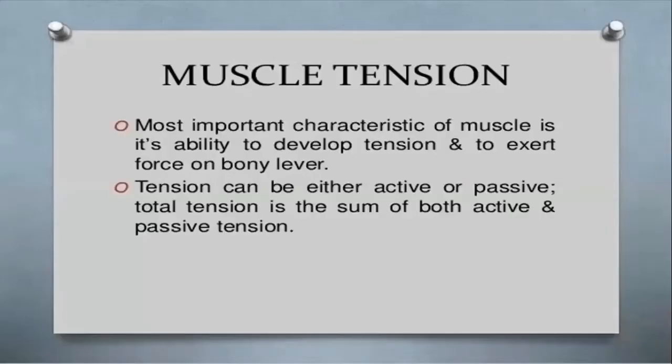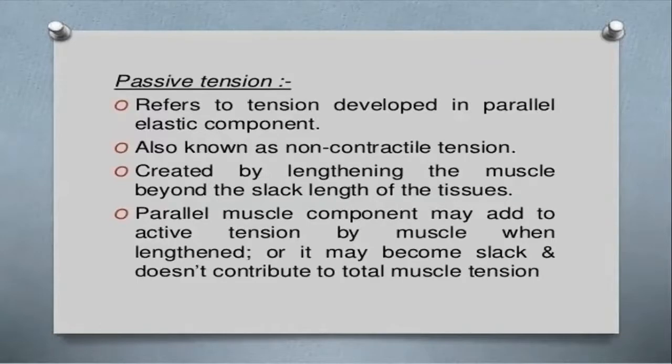We have seen about the tension in the muscle, that is, the force that the load exerts on the muscle. That is the tension of the muscle. Passive tension refers to tension developed by the parallel elastic component, also known as non-contractile tension.